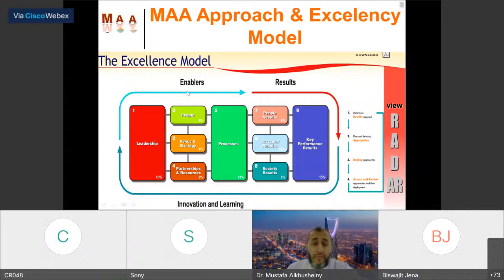Now, what about enablers? Enablers include leadership, either the top management or the intermediate management. The people and stakeholders, either the employees, the customers, the suppliers, policy and strategy, partnerships and resources, and also the process.